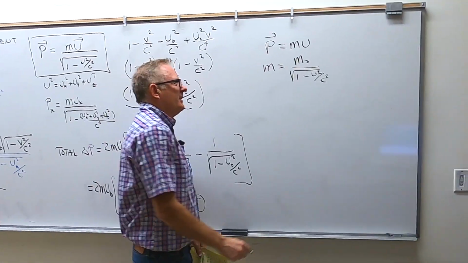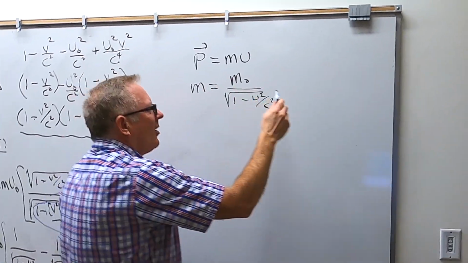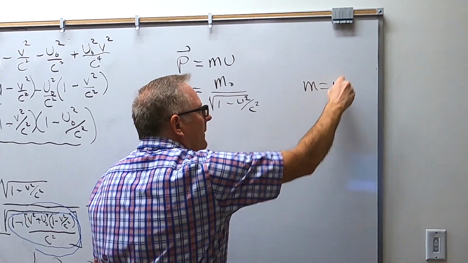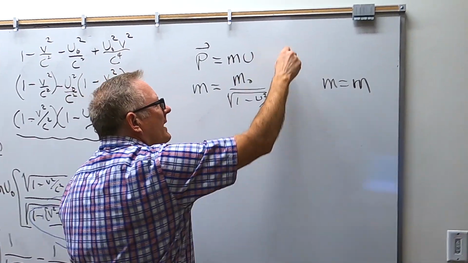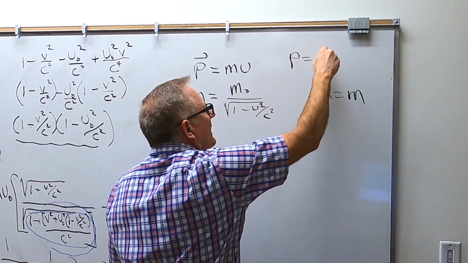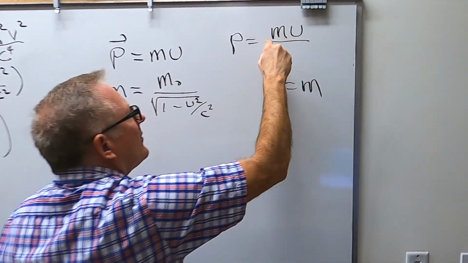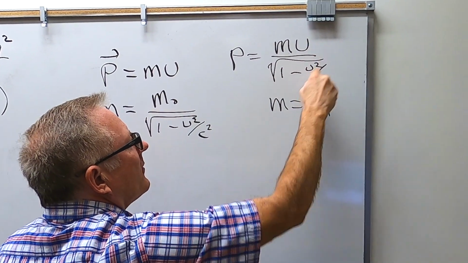New books say no, m is just m, and momentum is mu all over the square root of 1 minus u squared over c squared.